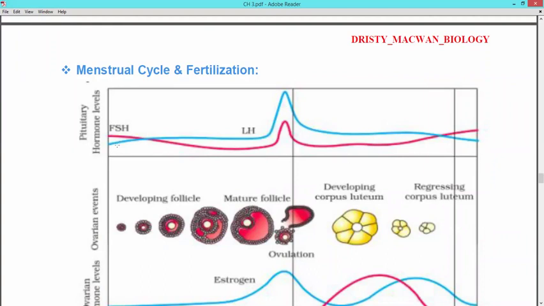Both hormones are at their peak at the time when the ovulation is taking place. So in the middle of the cycle, both the pituitary hormone levels are elevated, and after the ovulation takes place, they come back to their normal level.